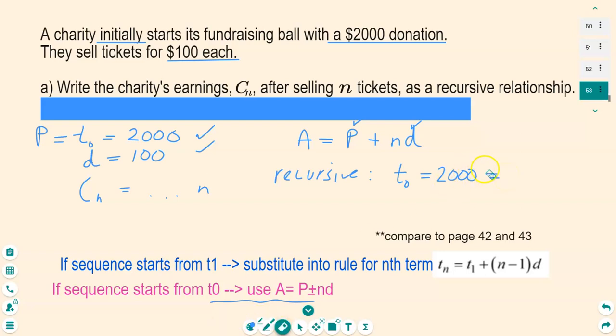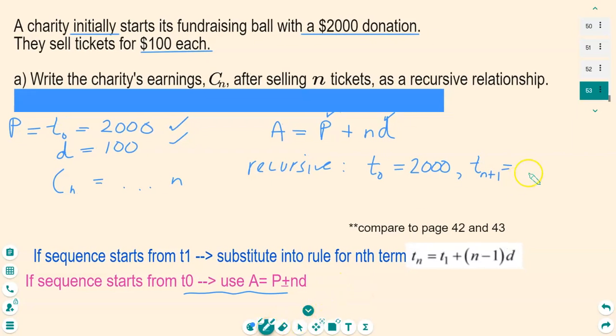The initial value there. And then the comma. And we just need the n plus 1 equals something. This is how I remember it. Tn plus 1 equals Tn plus D.